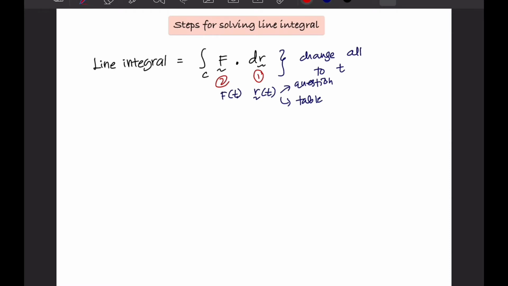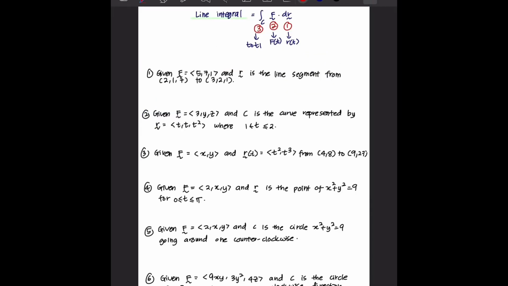And step number 3 is to find the limit of t. From C you change to t0 to t1. So we want to find this t0 and t1 from the question or from the points. Basically, to find a line integral, you must have these three components: dr, F, and also the integration limit.